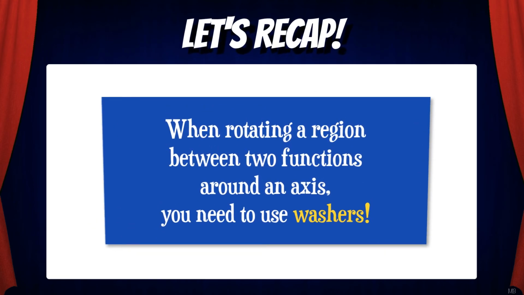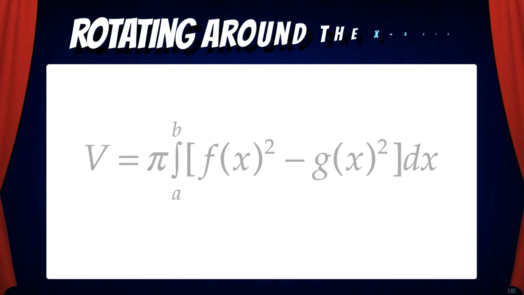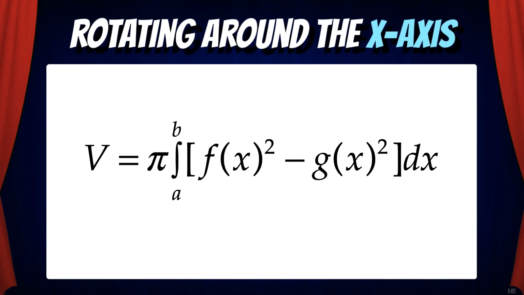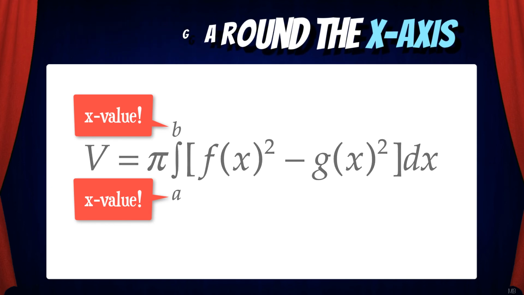So let's recap. When rotating a region between two functions around an axis, you need to use washers. When rotating around the x-axis, we'll use pi times the integral from a to b of f of x squared minus g of x squared dx. Note that the limits of integration, a and b, are x values.